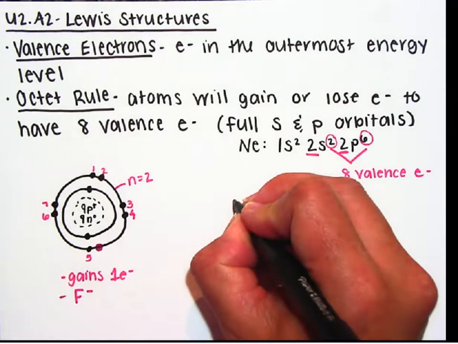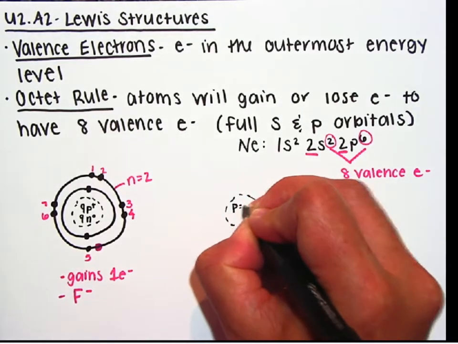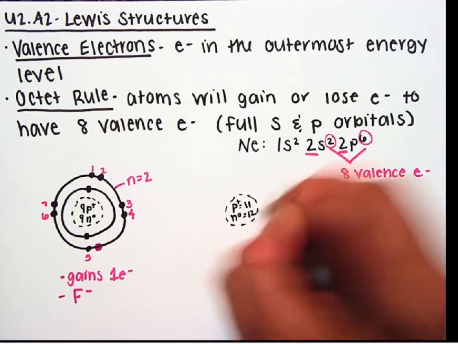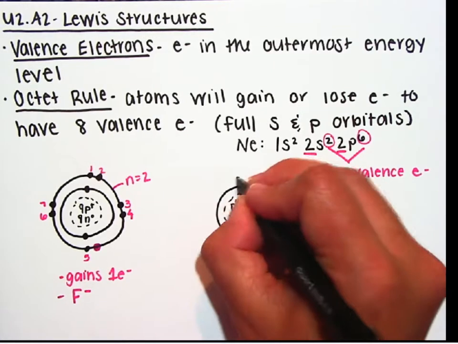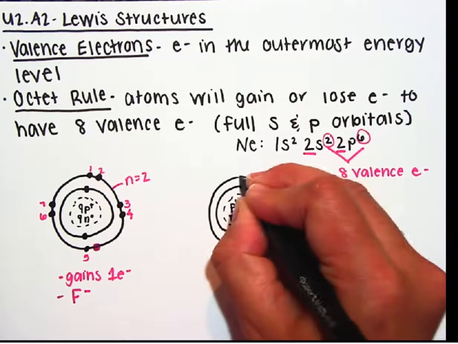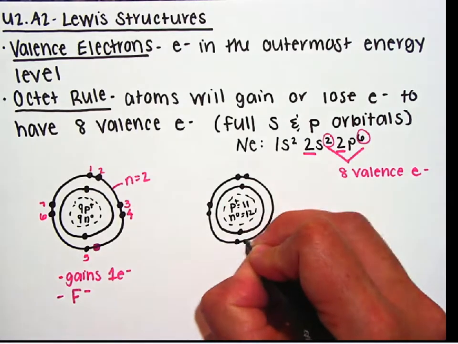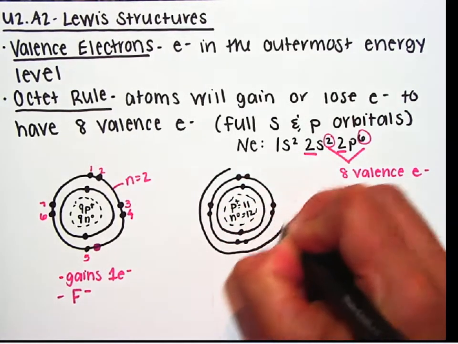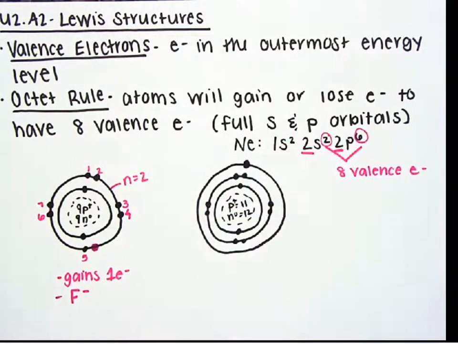Let's look at a positive ion. Let's look at something like sodium. So sodium is atomic number 11. So it has 11 protons, 11 electrons.